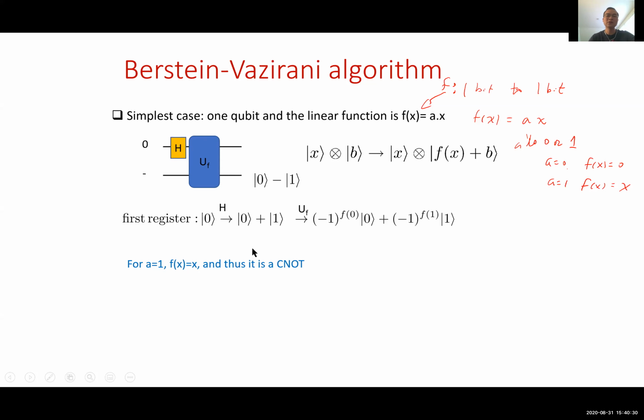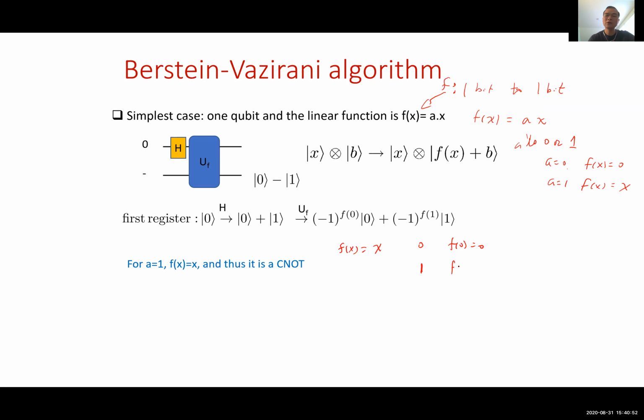And it's actually a CNOT gate, a control NOT gate. If f is 0, then f of 0 is 0, meaning it does nothing, right?